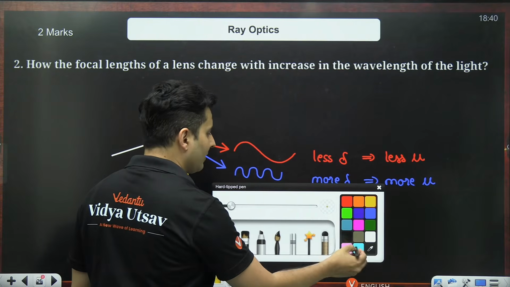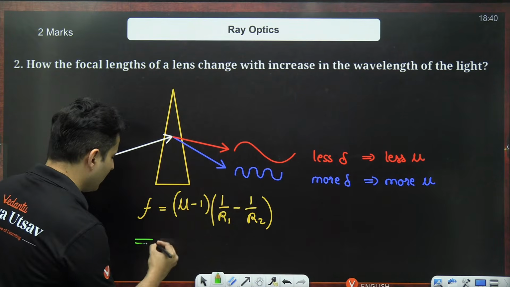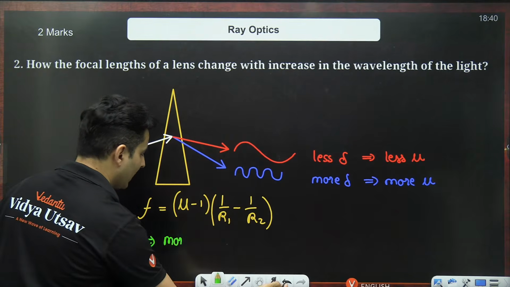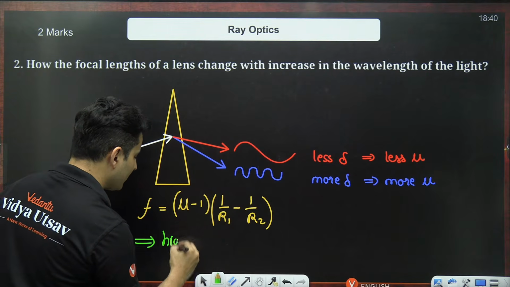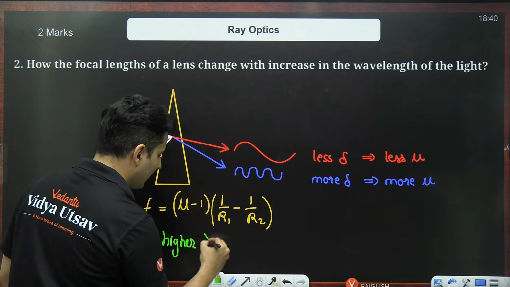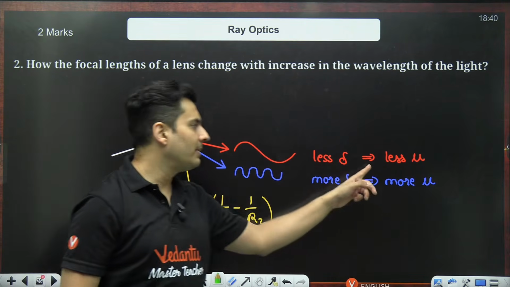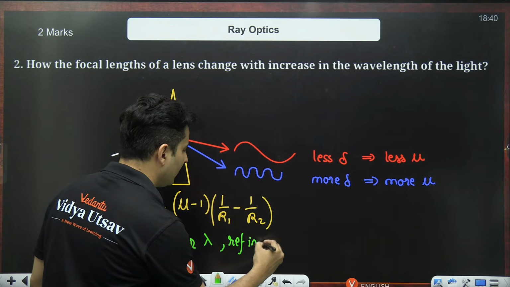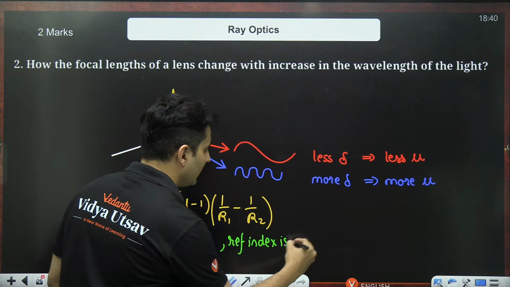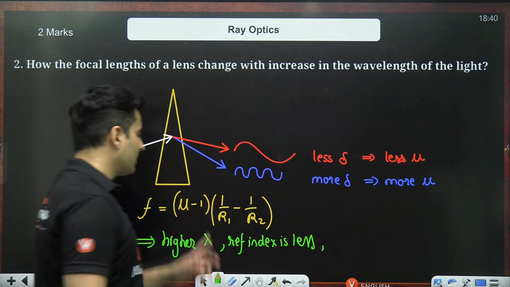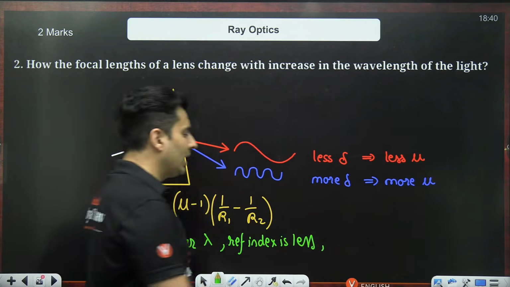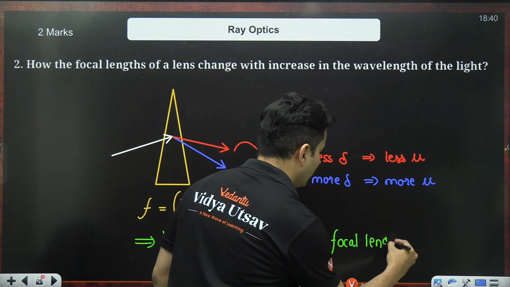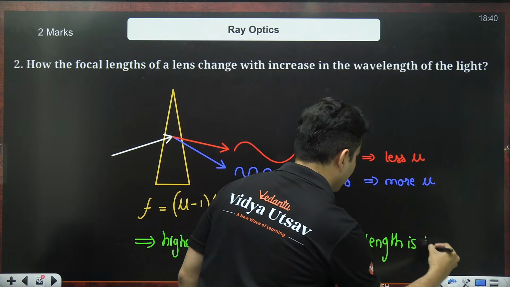So from this, we can finally conclude that for higher wavelengths, for higher lambda, when the wavelength is big, the refractive index is less, and because refractive index is less, the focal length is also less.